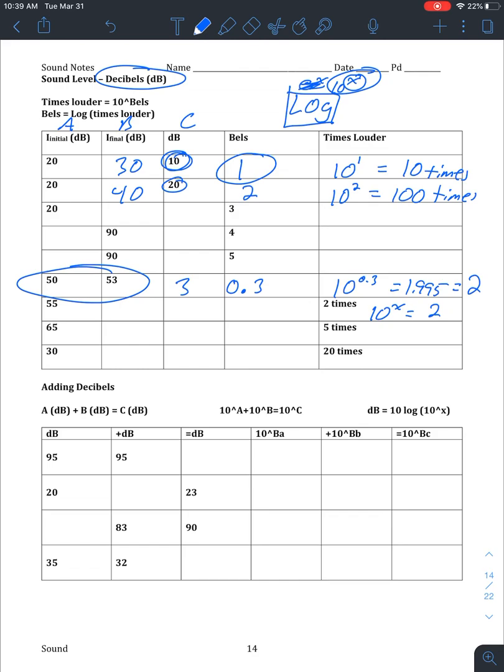You just type in 2 or log 2, depending upon the version of the calculator you have. And if something is twice as loud, it's going to be 3/10 of a bell difference. So working backwards, if we have 0.3 bells, that's going to be 3 decibels. And if we started at 55, we're going to go to 58.